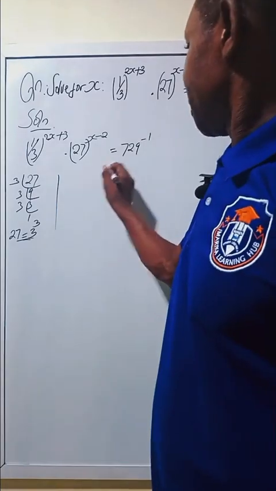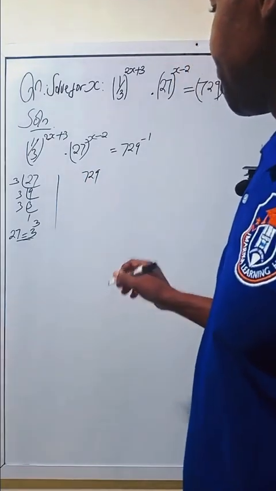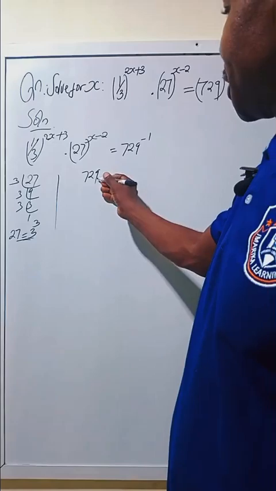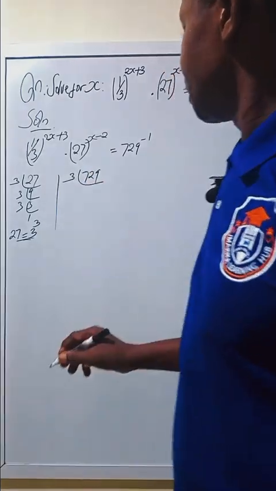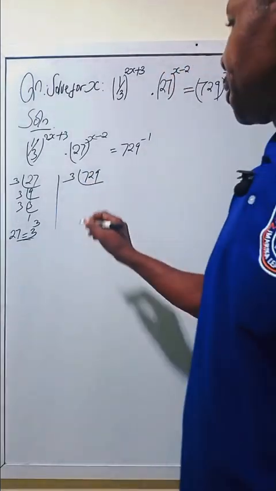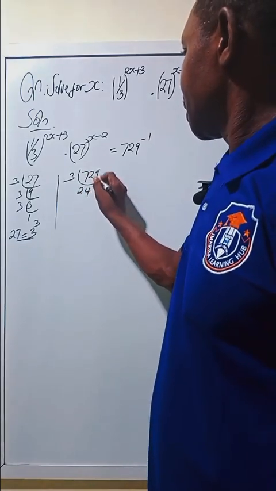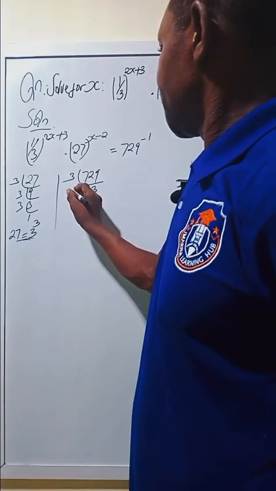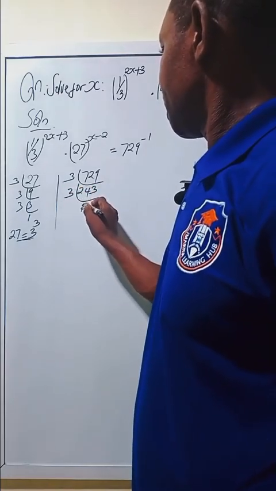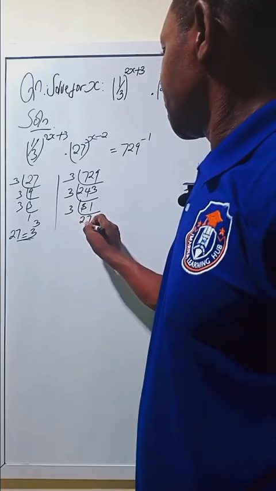What about 729? Is it divisible by 3? By the nature of the last figure, which is 9, there is a possibility. Dividing by 3, we get 243. Again by 3, I'm getting 81. By 3, 27.